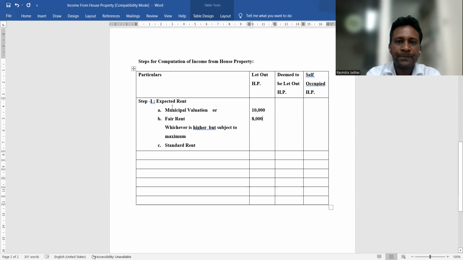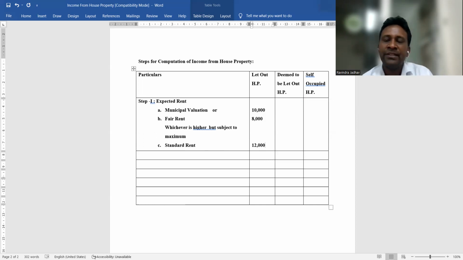After comparing these two figures and calculating the first figure, that is rupees 10,000, we need to compare this figure with standard rent. Okay, so in this case, for example, standard rent of rupees 12,000. Then we need to compare the first figure, municipal valuation or fair rent, whichever is higher, 10,000 and 8,000, 10,000 is higher.